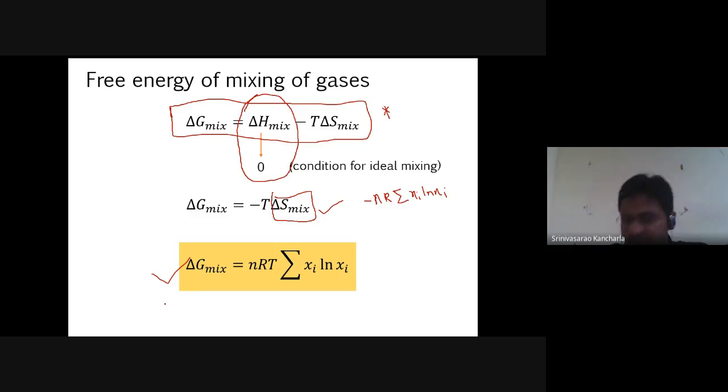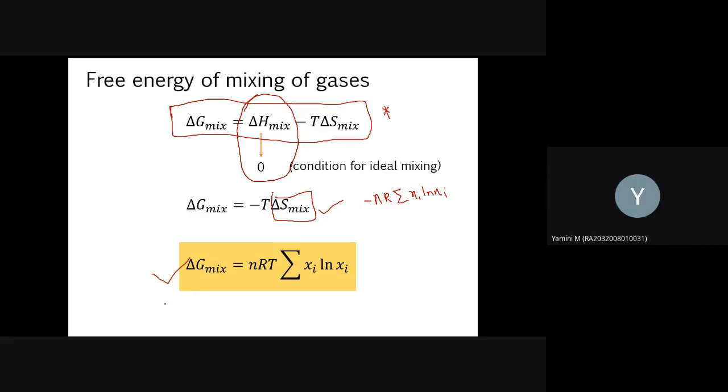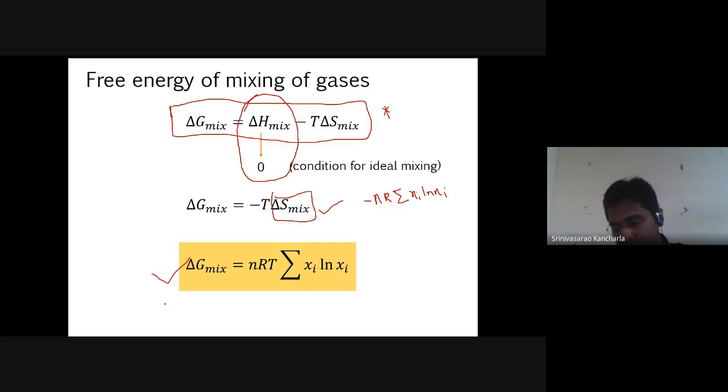Is that okay? So whenever you are asked for the free energy of mixing, you can take this one. Xi are mole fractions, and mole fraction values are always less than 1, right? When Xi is always less than 1, your ln Xi is negative, because logarithm of 1 is 0.